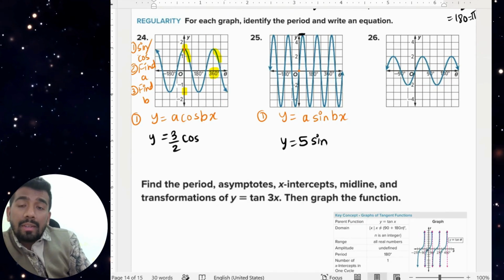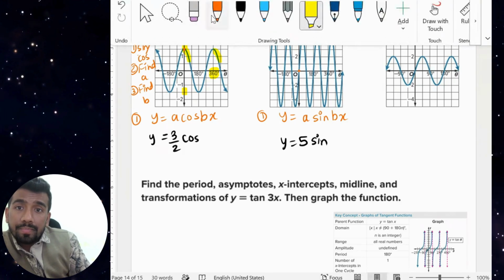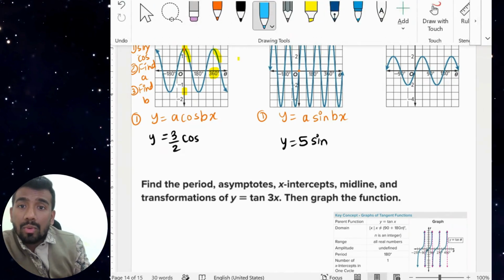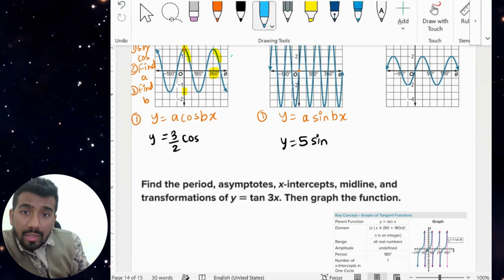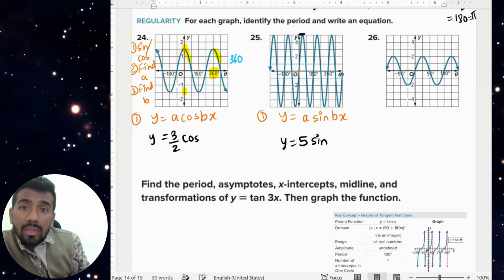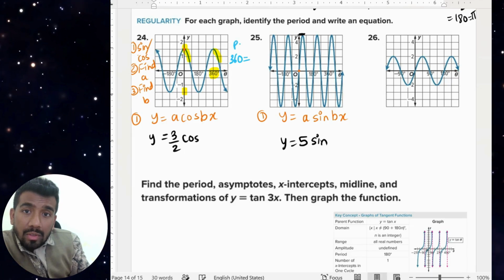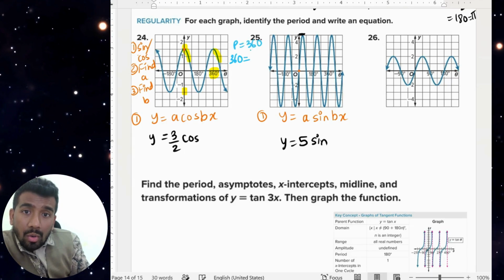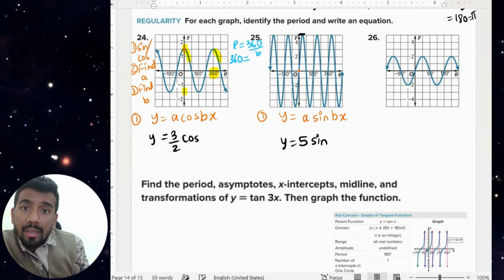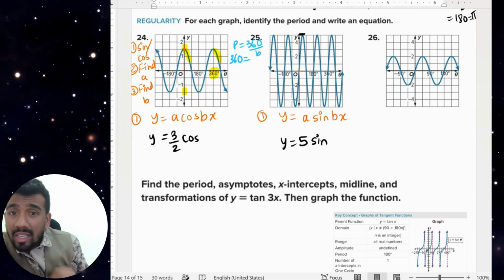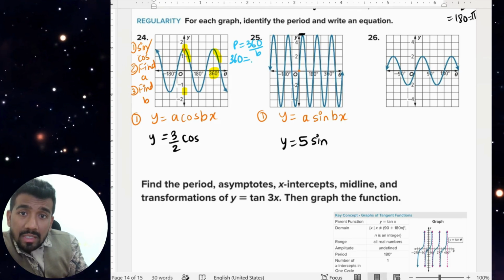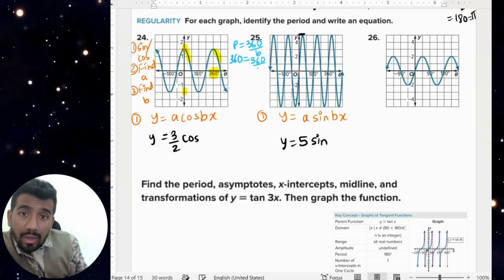So the period is 360. And we know the period formula is 360 over B, right? And the period, you already got the same number, 360. So 360 equal 360 over B.